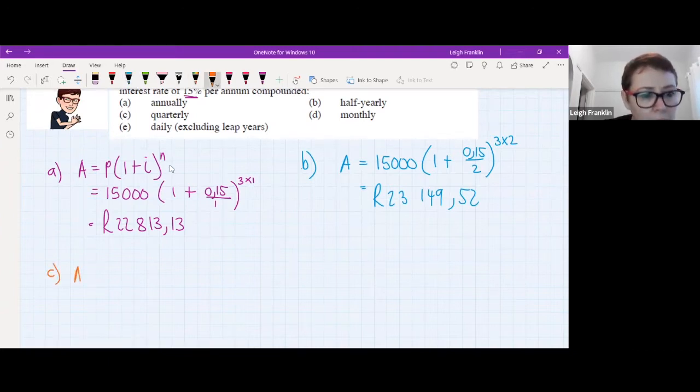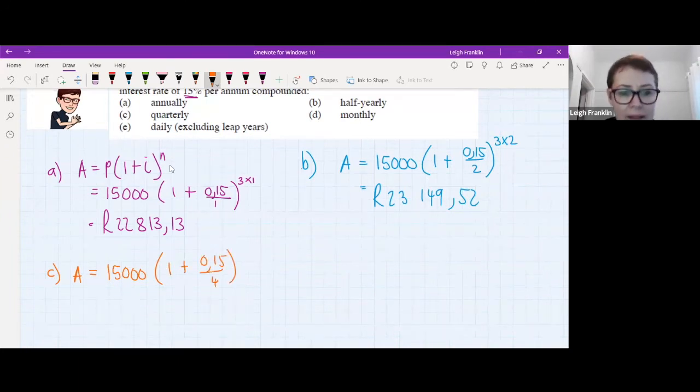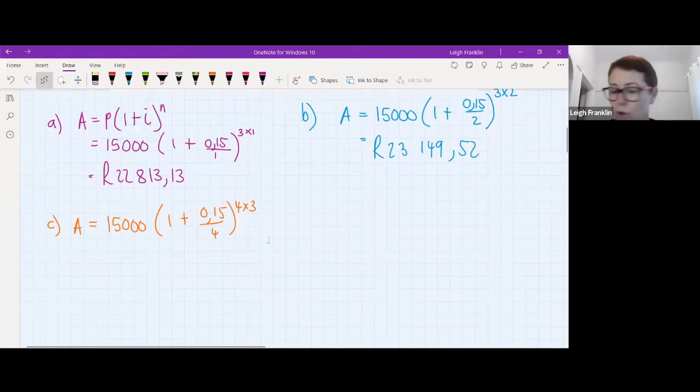What would we divide I by for quarterly? By 4, correct. All right, and then here we would have to say 4 times 3. Okay, because in 3 years there are 12 quarter years. All right, lovely, and we can work out that answer.